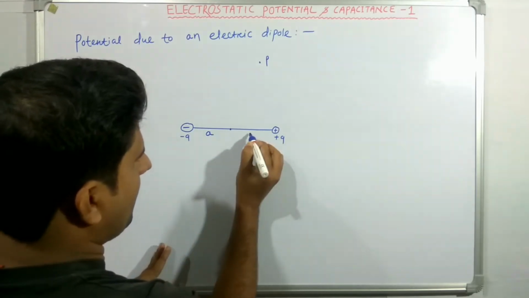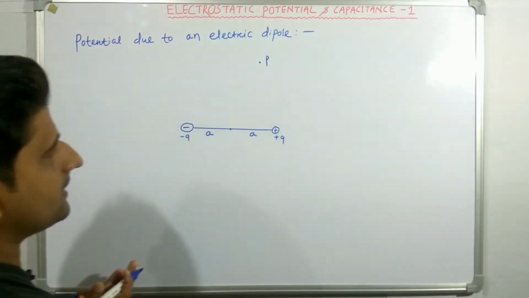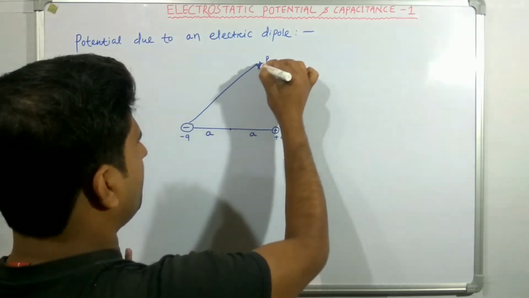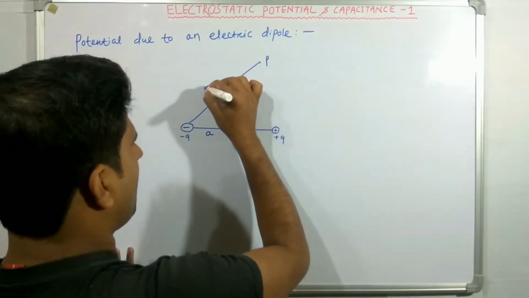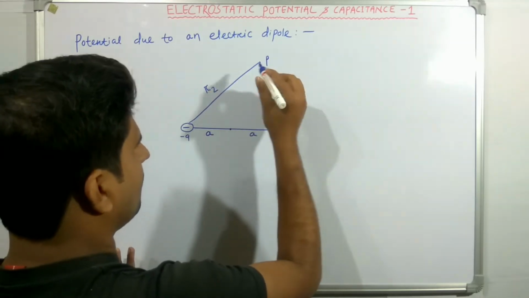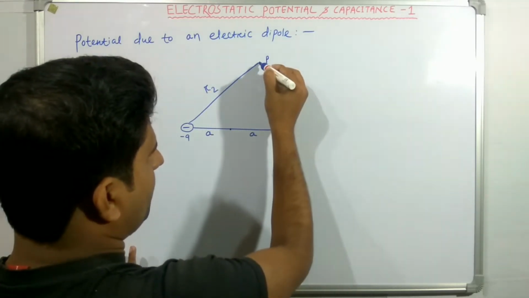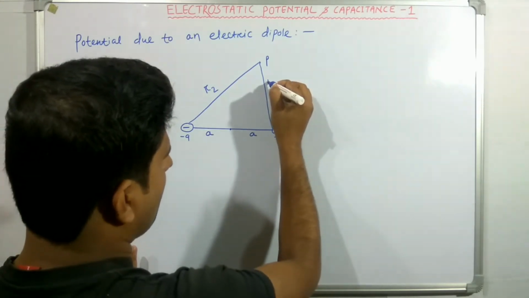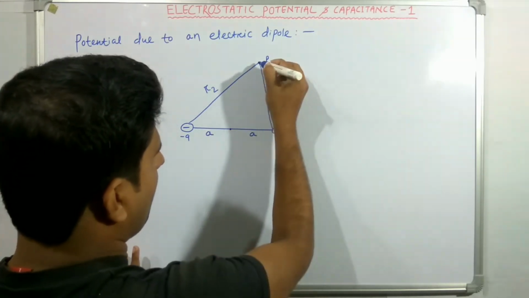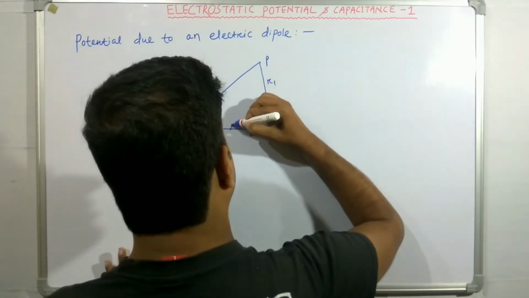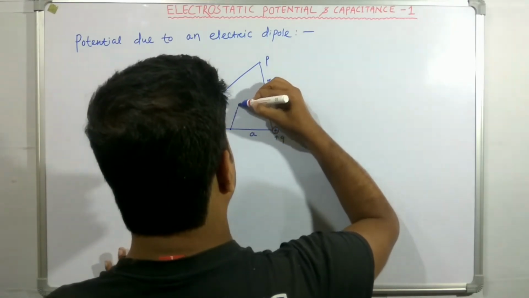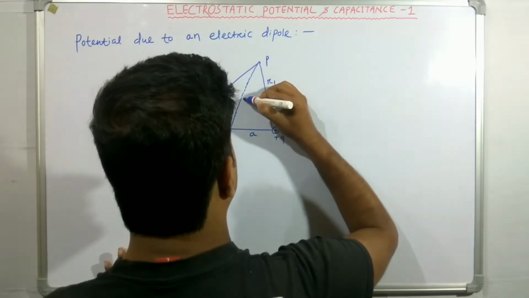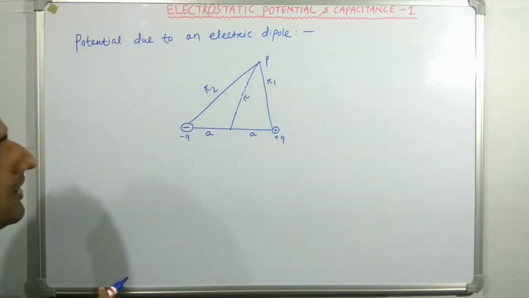The distance is a on each side. From the negative charge to P, suppose R2, and from the positive charge to P, suppose R1. And from the origin, this distance is R.